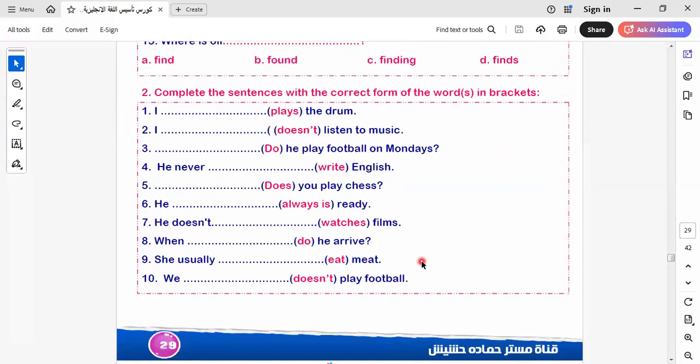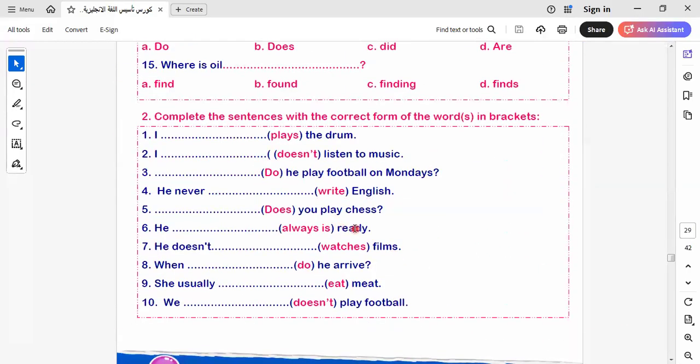Let's go to another one, because I would like to prepare your mind. Later you will be in the secondary stage, so we must prepare your mind. Here we say I play drums.